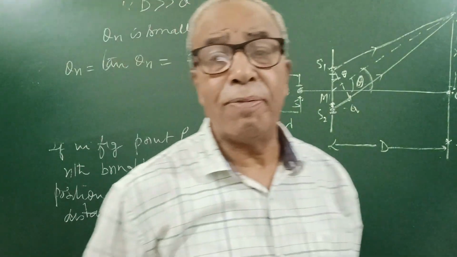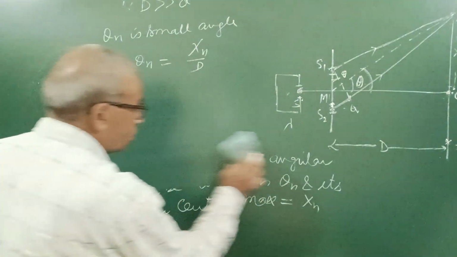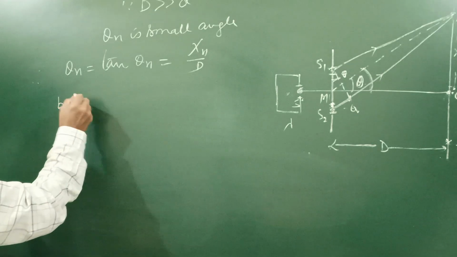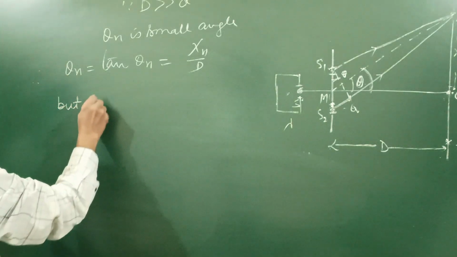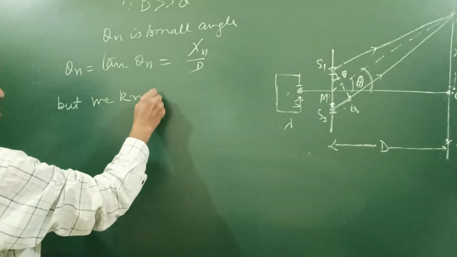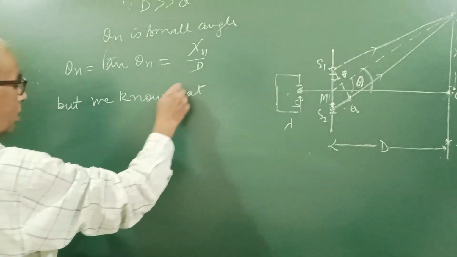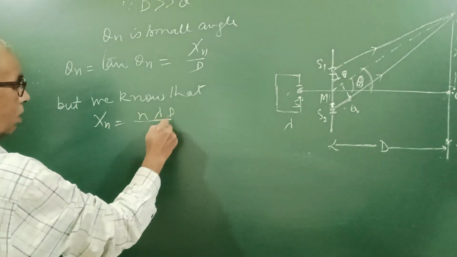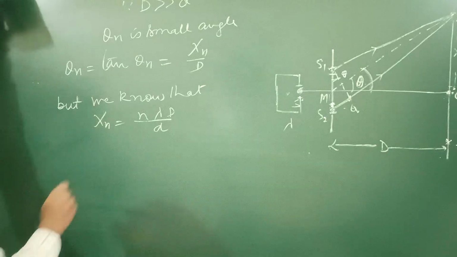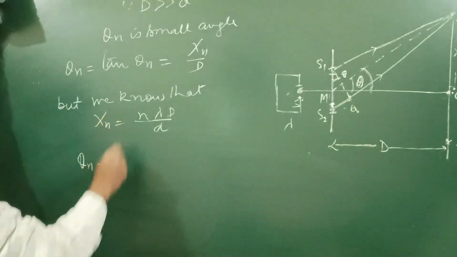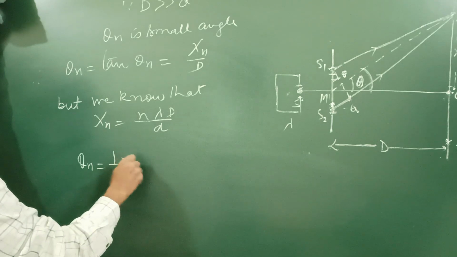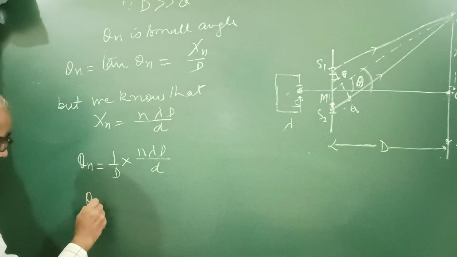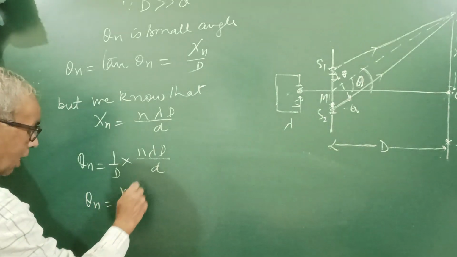Distance of the nth bright fringe. But in the last video we have proved that xn is equal to n lambda D upon small d. So theta n equals 1 upon D into n lambda D upon d, so theta n comes out to be n lambda by d.